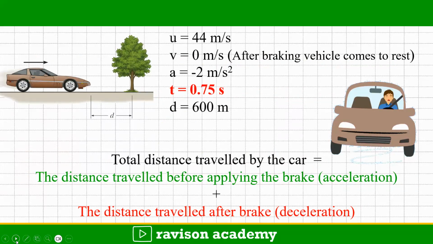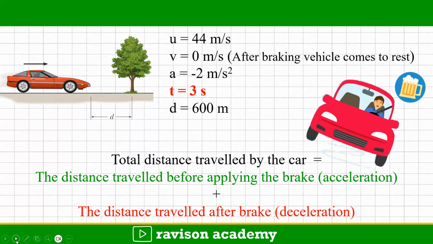Taking the normal driver first, the initial velocity is 44 meters per second, the final velocity after the vehicle comes to rest is 0, the deceleration is 2 meters per second squared, and the reaction time is 0.75 seconds.